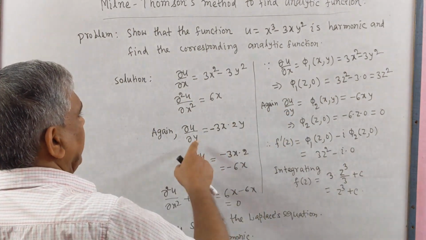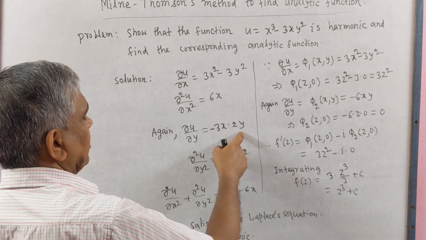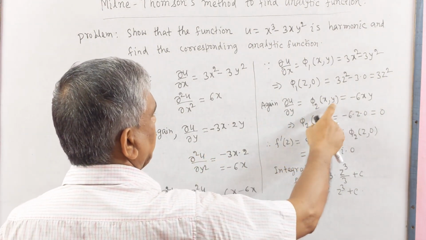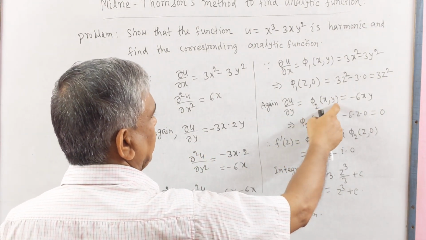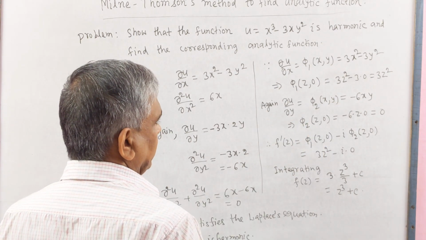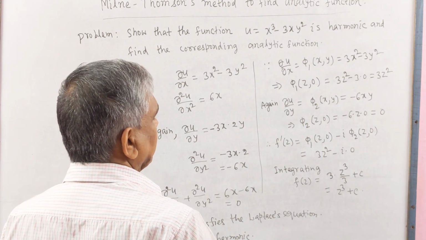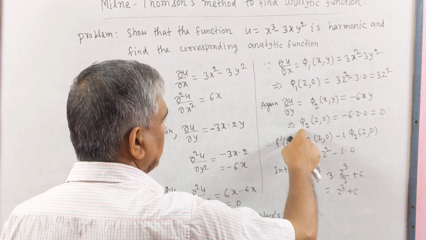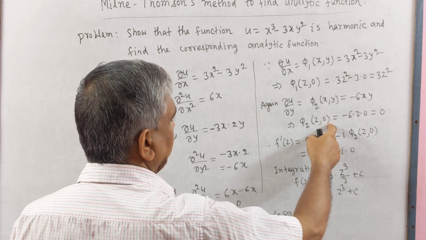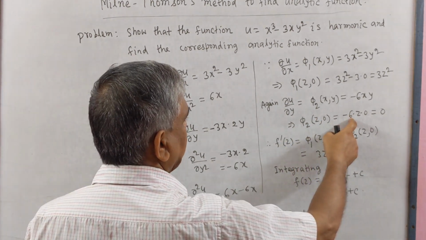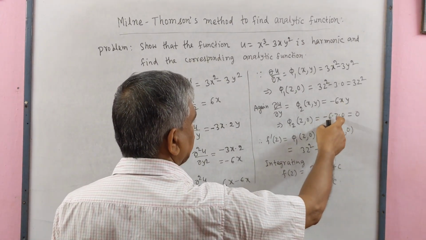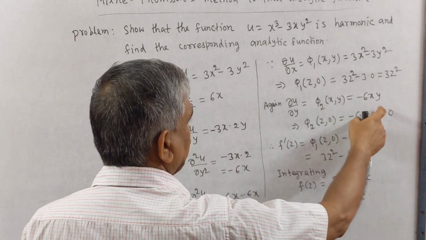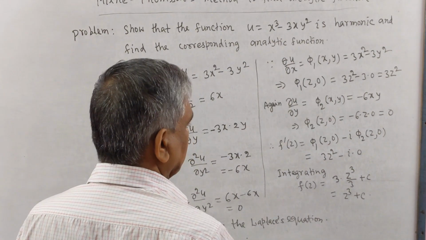Del u by del y is minus 6xy, equal to phi 2 (x,y). Now, according to the Milne-Thompson method, we construct phi 2 (z,0) equals minus 6, in place of x z, in place of y 0, that is 0.